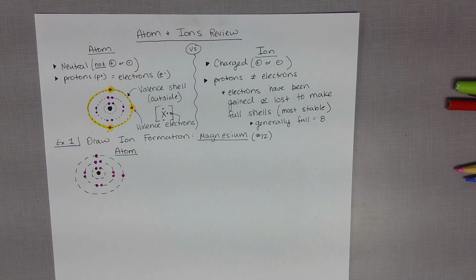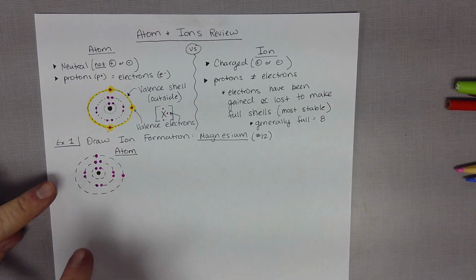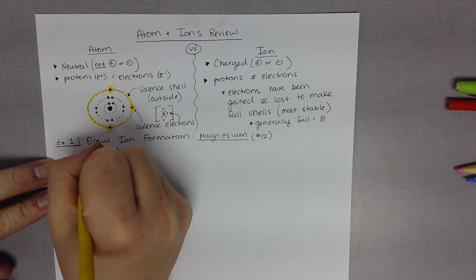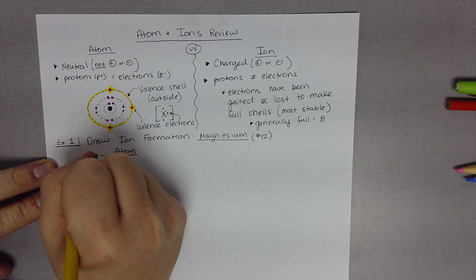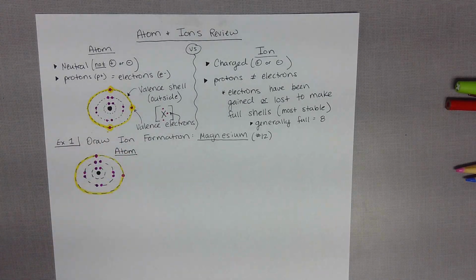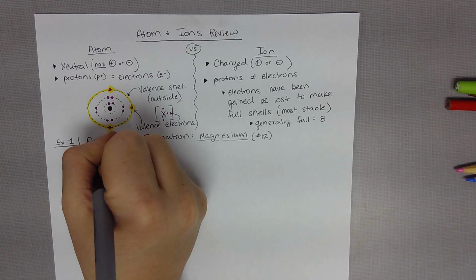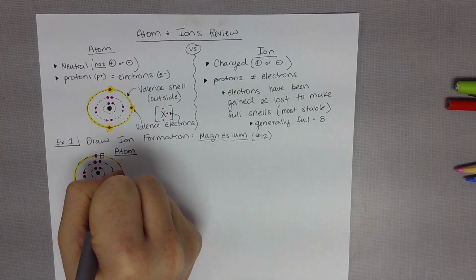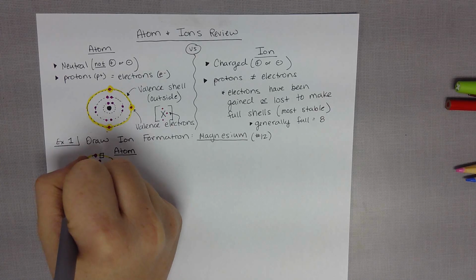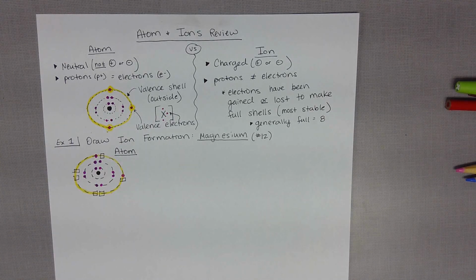This is not a very stable atom. Its current valence shell is shell 3. And if I wanted to fill shell 3, I would need 1, 2, 3, 4, 5, 6 more electrons.